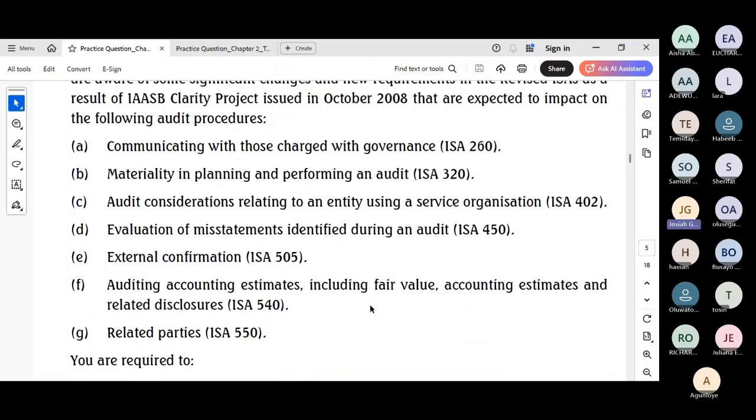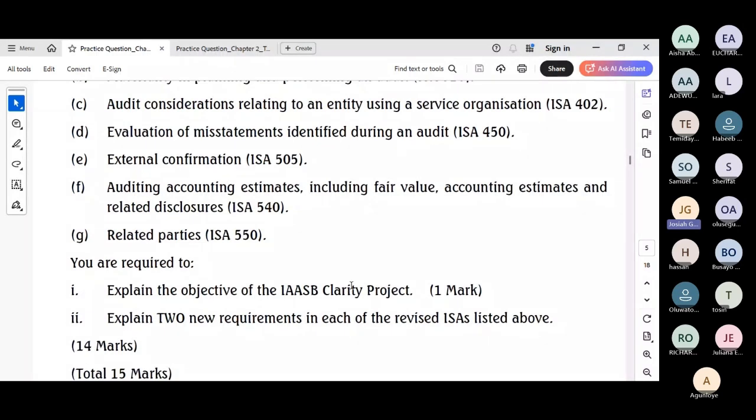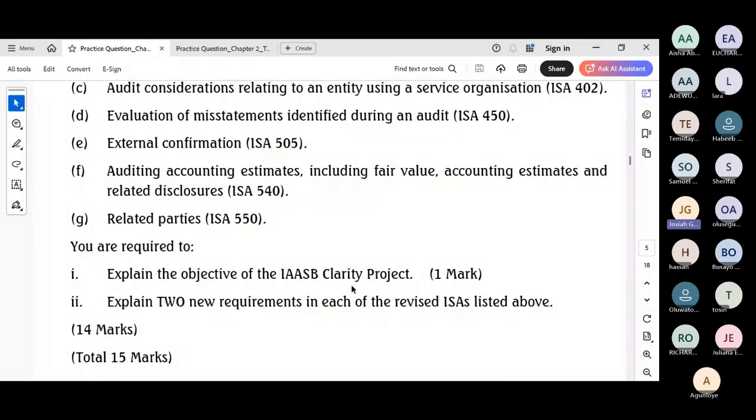A, communication with those charged with governance, ISA 260. Materiality in planning and performing an audit, ISA 320. Audit considerations relating to an entity using a service organization, ISA 402. Evaluation of misstatements identified during an audit, ISA 450. External communication, ISA 505. Auditing accounting estimates, including fair value accounting estimates and related disclosures, ISA 540. Related parties, ISA 550.